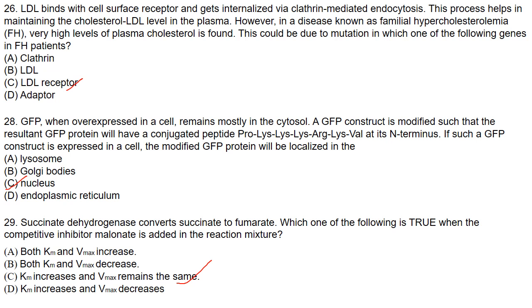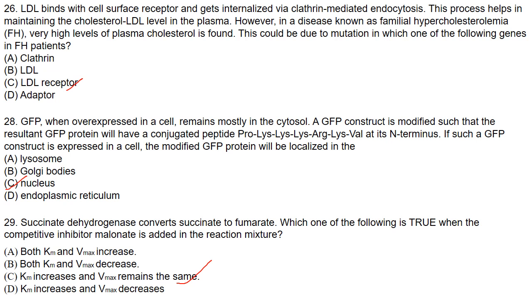If such a GFP construct is expressed in a cell, the modified GFP protein will be localized in the... So it has lysine, lysine, that is arginine and lysine are more in the conjugated peptide. So it will naturally be localized towards the nucleus. So answer is option C.